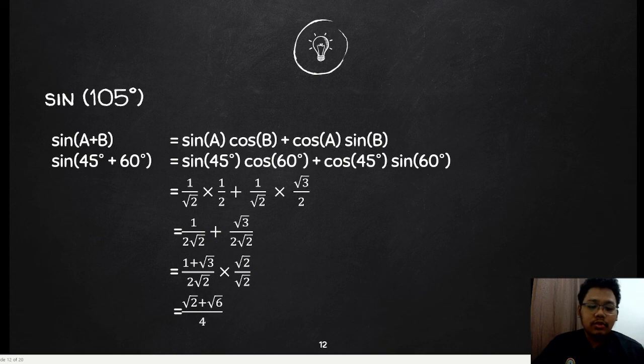So 1 over √2 times 1 over 2 plus 1 over √2 multiplied by √3 over 2. So the denominator will be multiplied normally. So this is 2√2, and then I multiply with √2 over √2. When √2 is multiplied by √2, the root will be cancelled and we will only be left with 2. So 2 multiplied by 2 becomes 4.